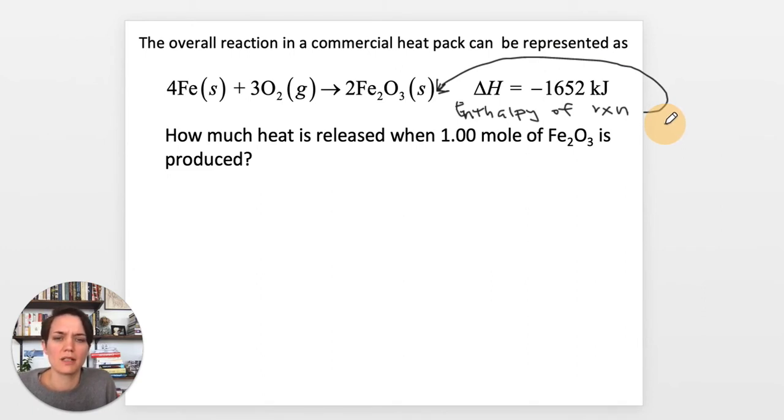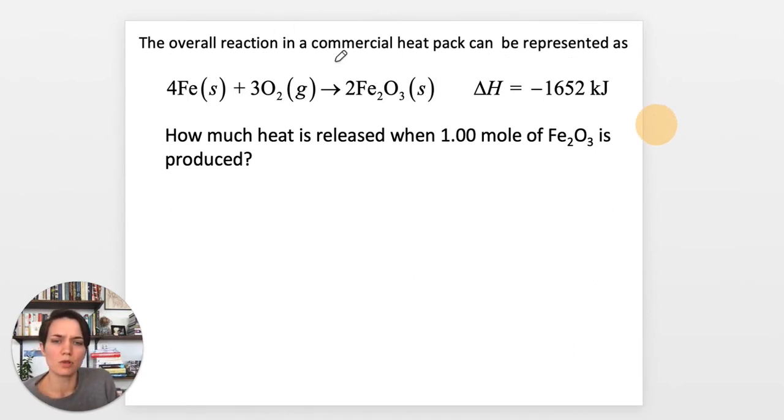The same thing could be determined with the combination of iron and oxygen to form iron oxide. So with these mole ratios of 4 to 3, we would generate this much energy, right? This would be an exothermic reaction. So this is the amount of energy that would be released to the surroundings.